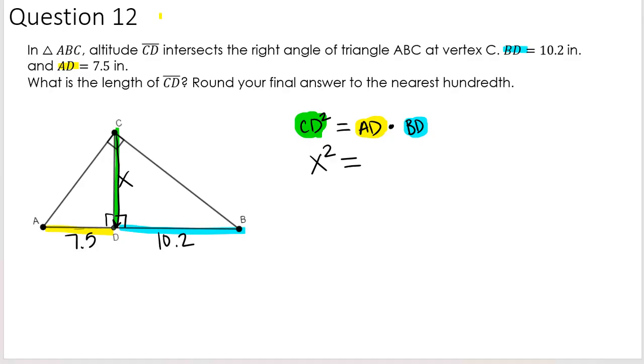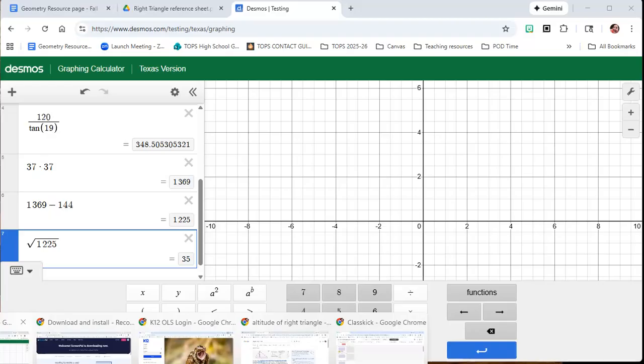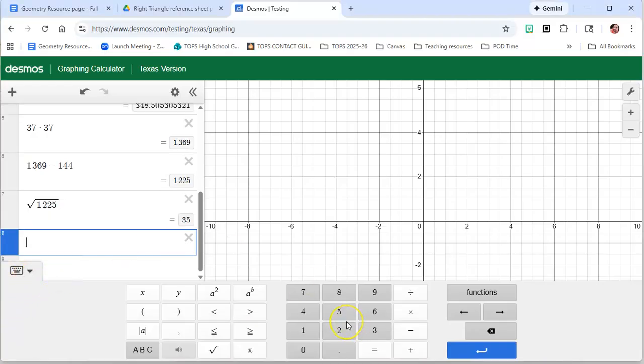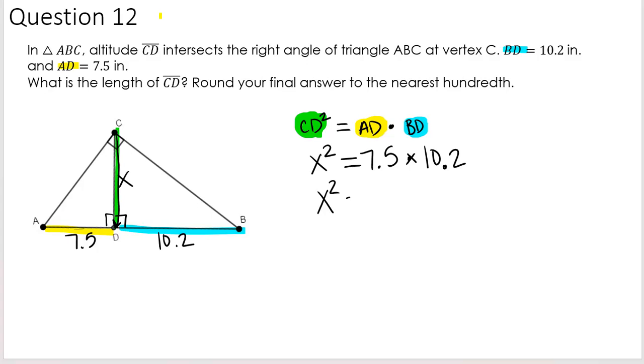So X squared. Now AD is 7.5. You got a times, and then our BD, which is 10.2. So when we multiply those together, 7.5 times 10.2, we get 76.5. So that means that X squared is equal to 76.5. And to get X by itself, remember we have to cancel out that squared. You got to do it to this side as well.